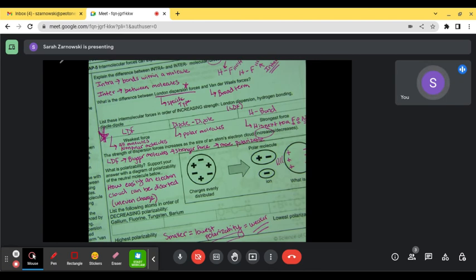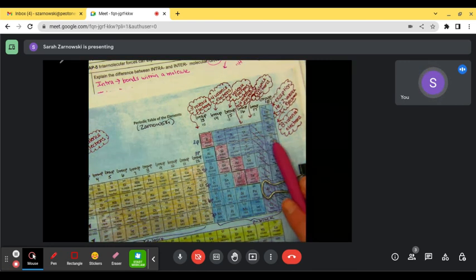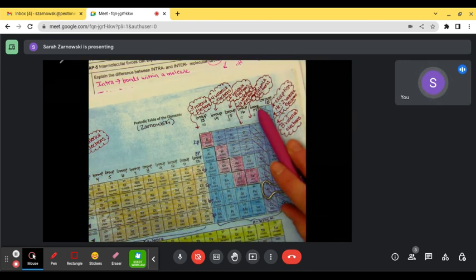If you go to the periodic table, that's why it was so important to memorize those atomic radii. I'm trying to find a periodic table here. Ow, my head. So if you find the periodic table, remember fluorine is up here. If you are towards the right and up at the top, you are the smallest.